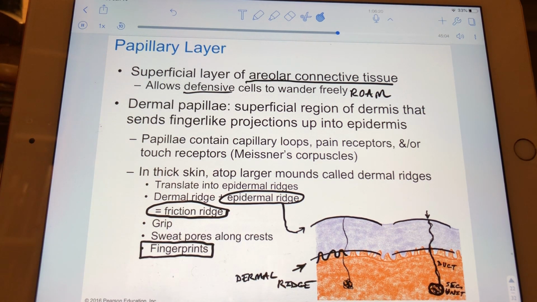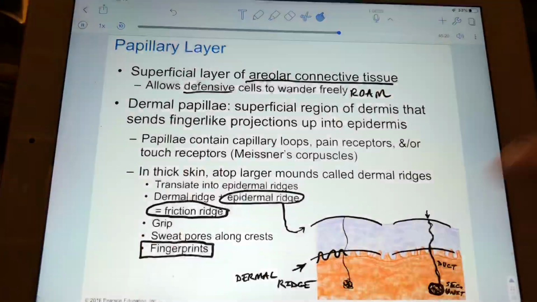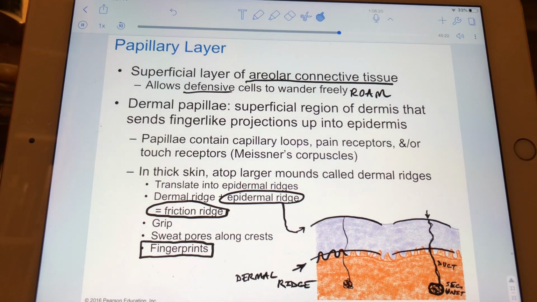And that sweat then acts as a sort of ink, so that whenever we touch something, our fingerprints act as the stamp, and our sweat acts as the ink that leaves the pattern of our fingerprints behind.